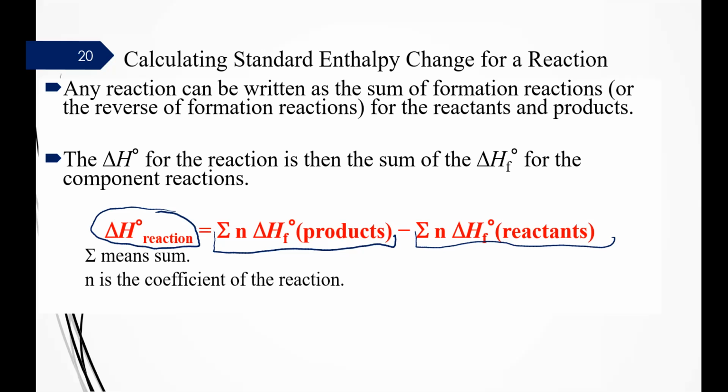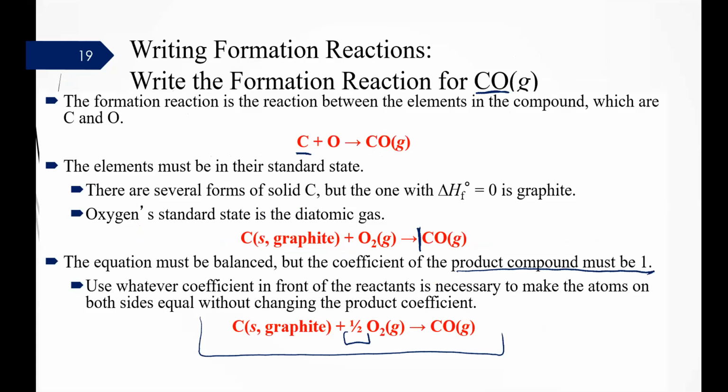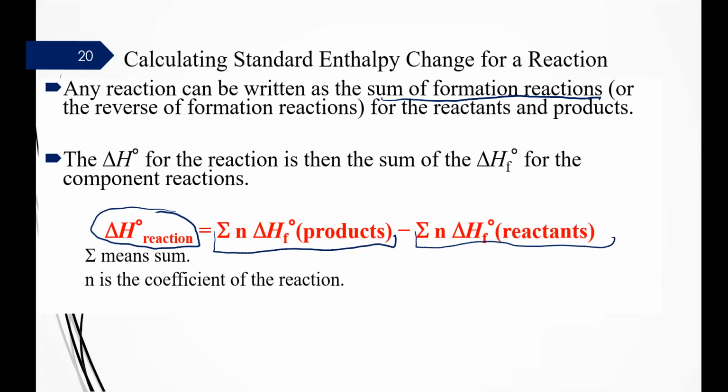This is a really powerful piece, because if we have the formation reactions, like what we were just writing for the different ones, and we can write that out for all of our products and all of our reactants, the enthalpy required to make them will be equal to the change of our reaction.